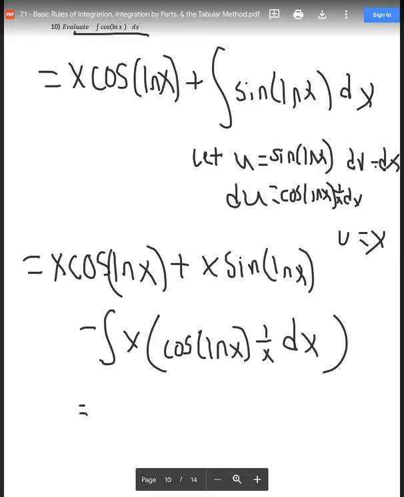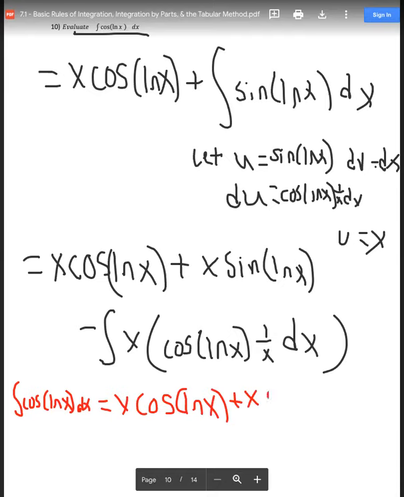This term now, and what I'm gonna do is, let me just give myself more space to write it. Make sure you guys are there just because this is important. So we have x cosine of ln of x plus x sine of ln of x minus, these x's cancel out, so we're left with cosine of ln of x dx.